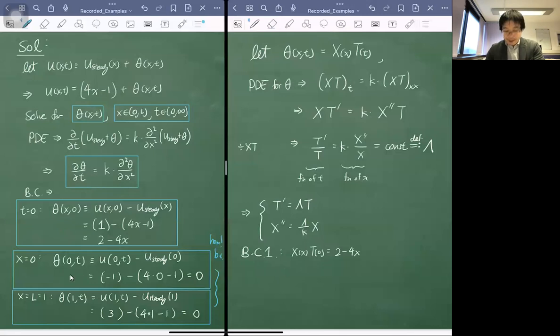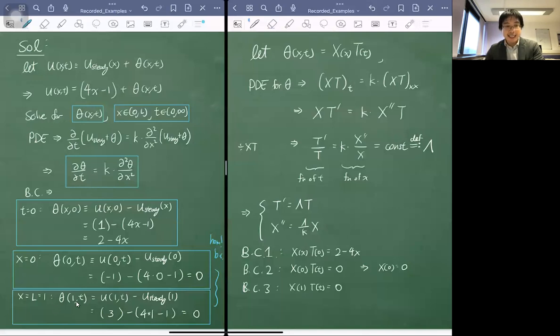And then here, boundary condition 2, we have X(0) T(t) equals 0, which implies X(0) equals 0. And boundary condition 3, X(L), or X(1), T(t) equals 0 as well.